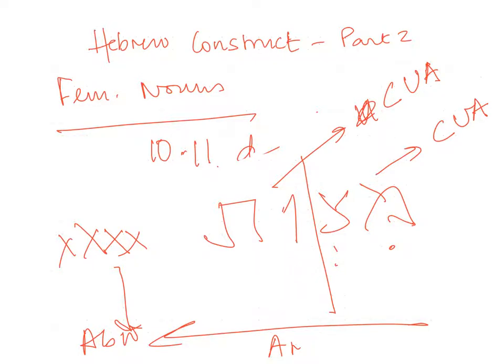In a closed unaccented syllable, you're going to have not a kametz, but a patak. Here, in the first syllable, this is already short. I don't have to shorten it anymore. So it remains as mitzvat. Mitzvat is commandment of. Okay, let me do one more example.